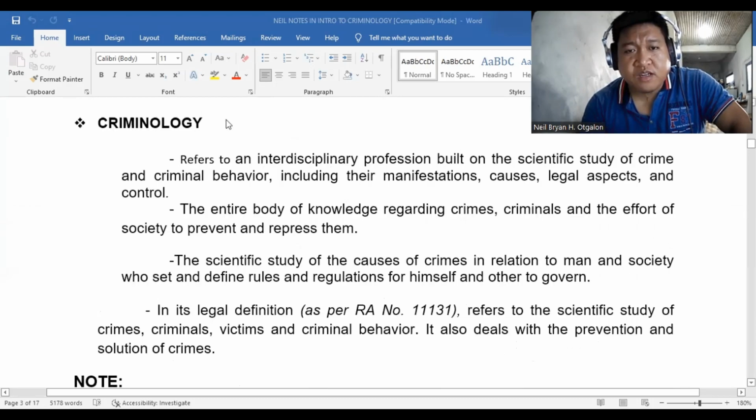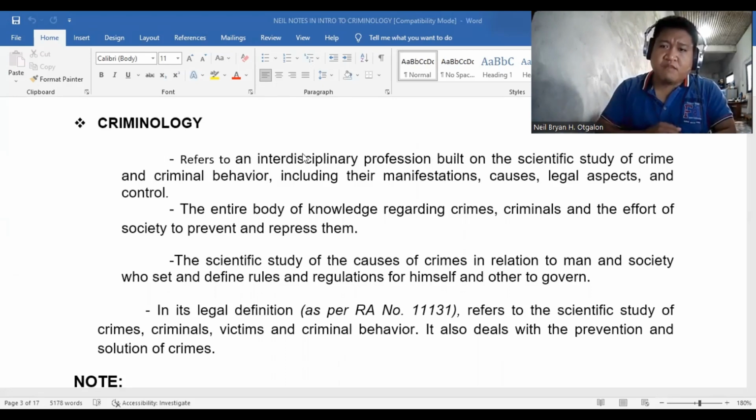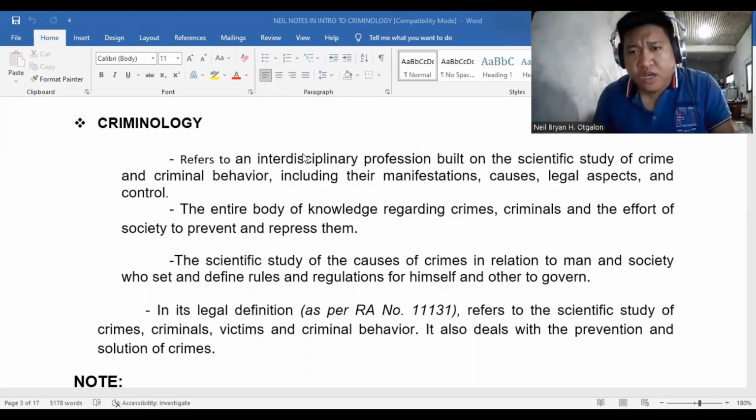Do not forget that criminology is an interdisciplinary profession. Pag sinabing interdisciplinary profession, ang criminology ay binubuo ng iba't ibang klase ng field of specialization. Ito yung sinasabi nilang criminology is jack of all trades. Yan, jack of all trades.